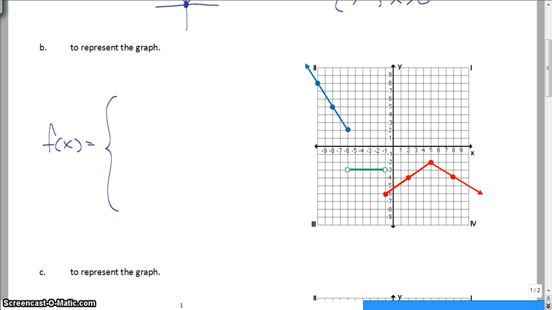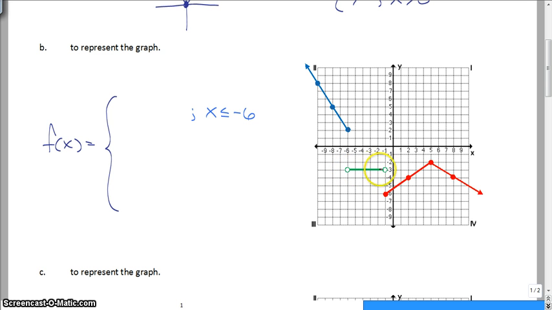Now sometimes it's easier to just start with your domain. If you look at just the blue piece, that's only when x is less than or equal to -6. Here's a solid dot, so we're going to include the -6, and it's only going to the left. For the green part of the graph, we have two open circles.